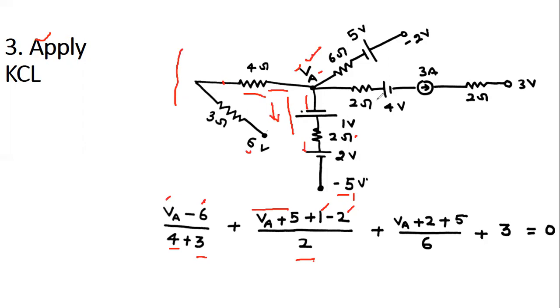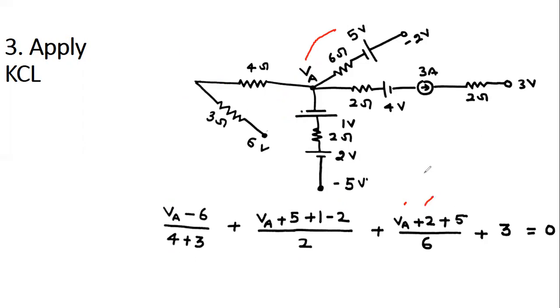Now the third current. The current in this branch is the node potential difference VA + 2, and we are getting the negative sign, so that is plus 5. So (VA + 2 + 5) divided by resistance 6. This is my third current.